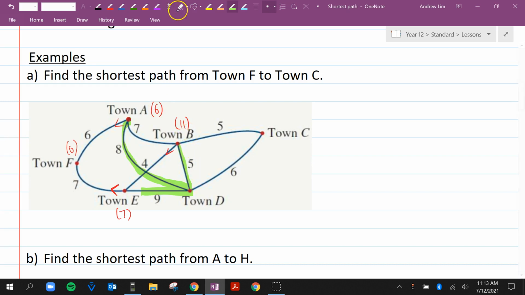So here we can see with this 5, it'll be 11 plus 5, which is 16. Or it would be 6 plus 8, this 8 here, 6 plus 8, which is 14, which is smaller. Or we've got 7 plus 9, which is 16. So it looks like the lowest will be 14. So I'm going to write that in brackets. And how do we get that 14? From 6 plus 8 from this way.